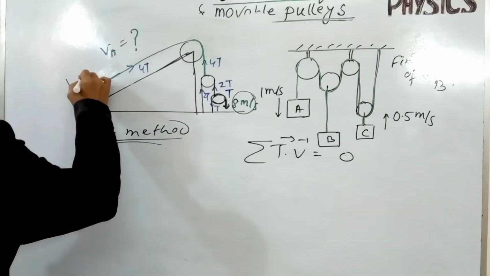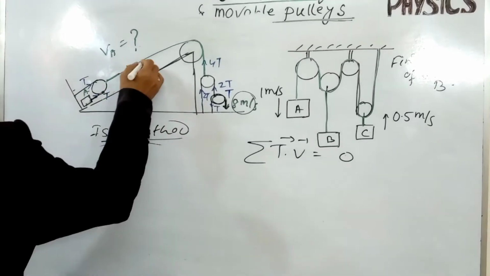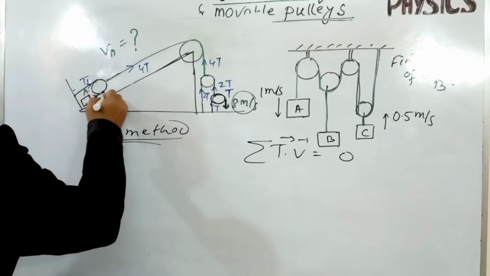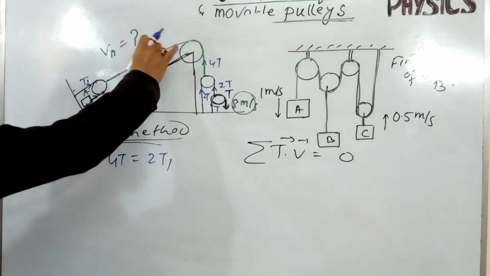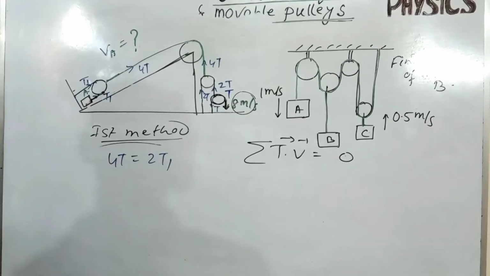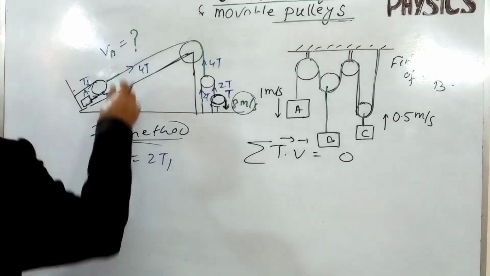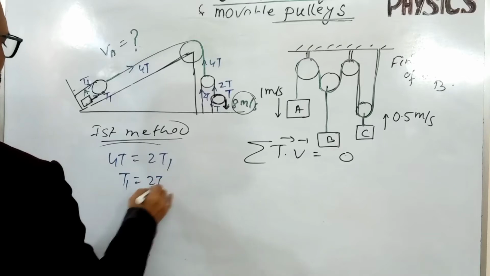Now if this tension is T1, what is the relation of T and T1? 40 equal to 2T1. If this is constant velocity, then this is in equilibrium. So 40 equal to 2T1. We get now T1 equal to 2T.